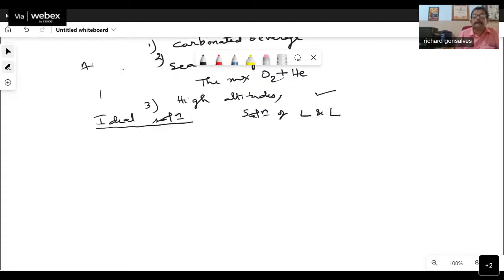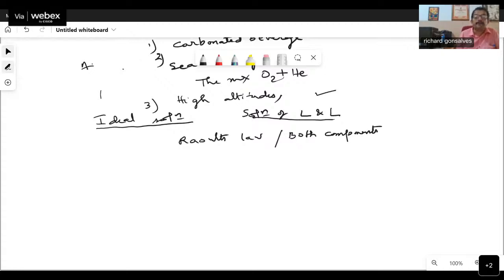This I will take. What is the ideal solution? If you have ideal solution of two liquids, it obeys Raoult's law. What is Raoult's law? It obeys Raoult's law. That is the meaning. Both components obey Raoult's law.